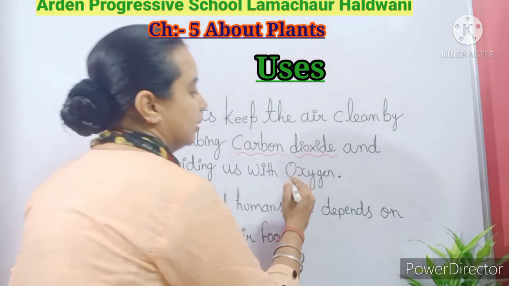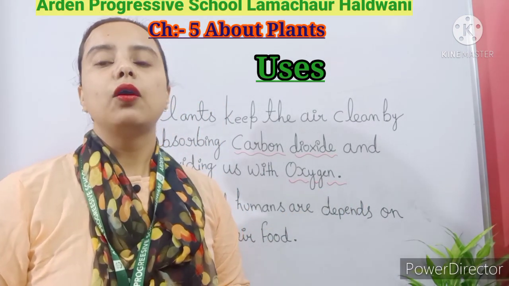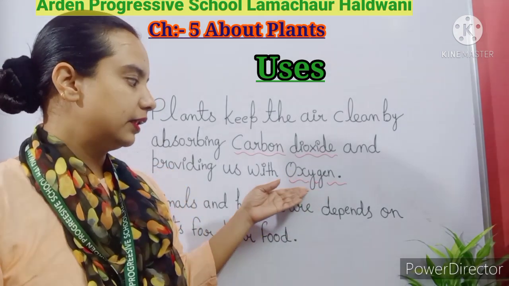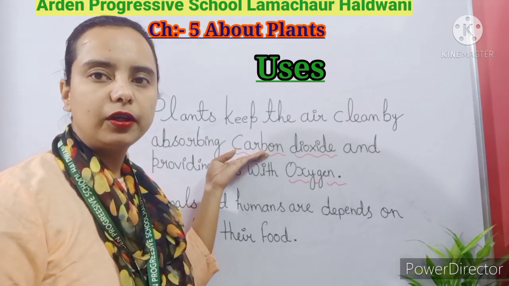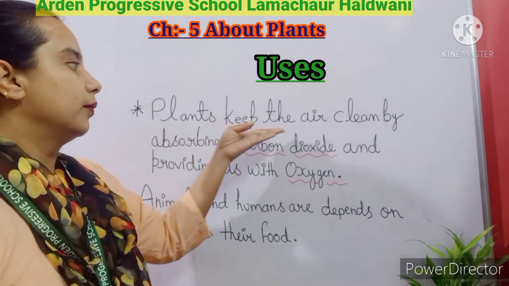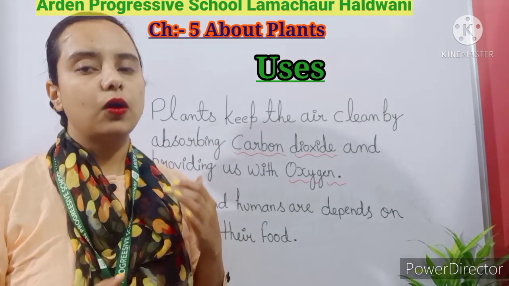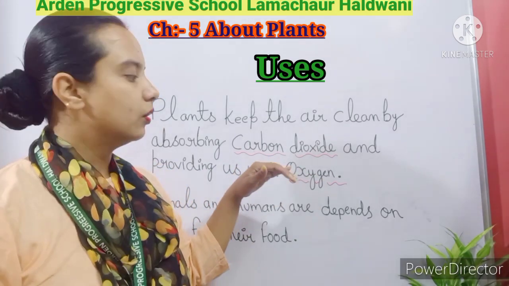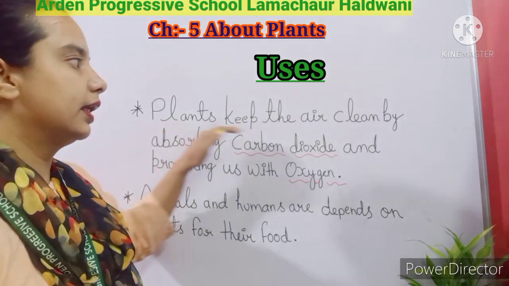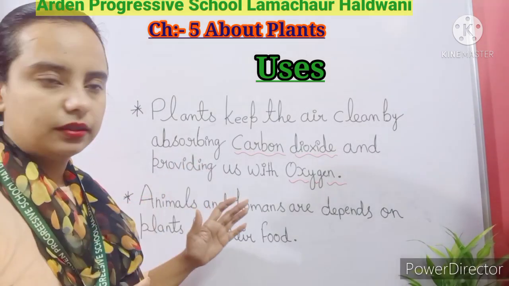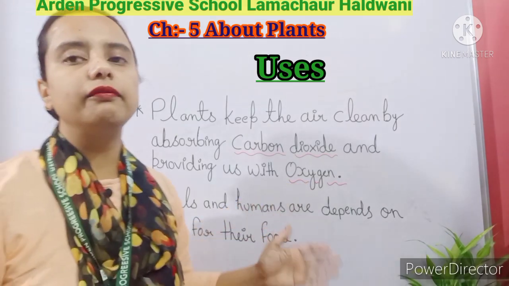Oxygen is utilized by us when we inhale or breathe in. जब हम breathe out कर रहे हैं, we are breathing out carbon dioxide, which is not good for the environment, because we need oxygen, not carbon dioxide. So this carbon dioxide is absorbed by the plants, means in turn they are cleaning the air, and in return they are giving us oxygen so that we can breathe.